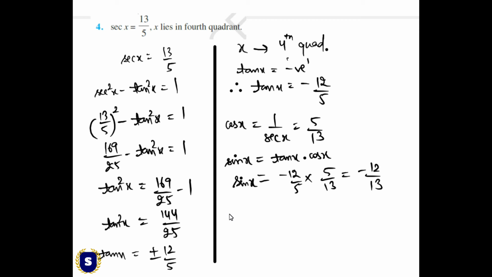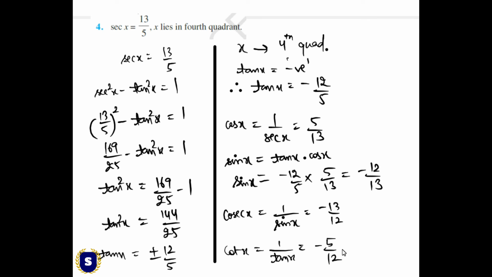So I can get the reciprocal here. Cosec x is equal to 1 by sin x, that is equal to minus 13 by 12, and cot x is equal to 1 by tan x, that is equal to minus 5 by 12.